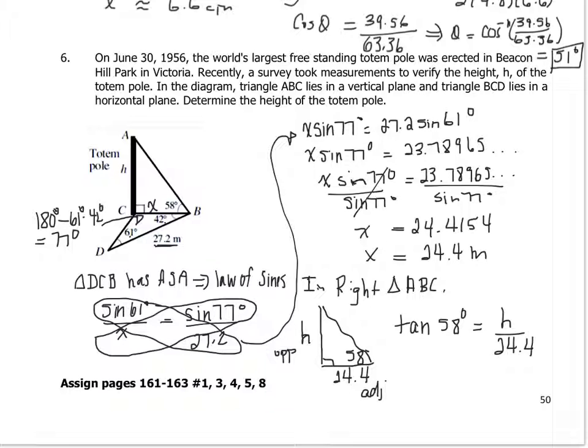This would be your opposite, and this would be your adjacent to that angle that you've got. So that would be put over 1, cross multiply, or multiply both sides by 24.4 if you want just to isolate h, either way.